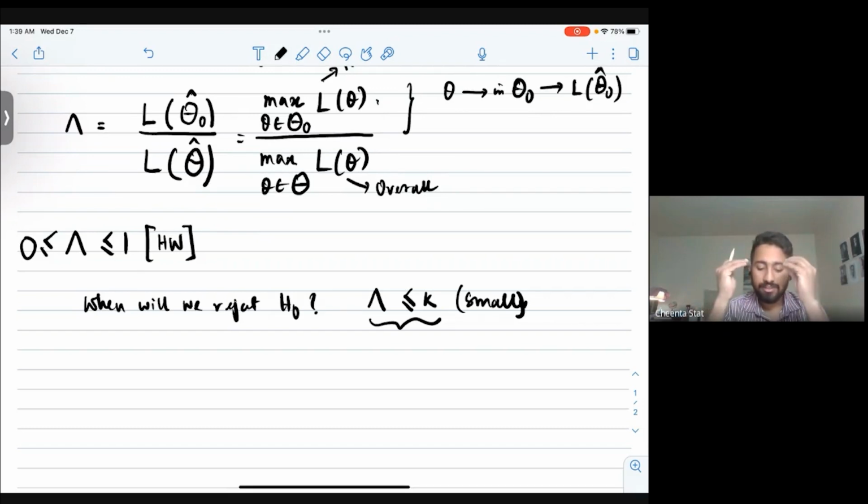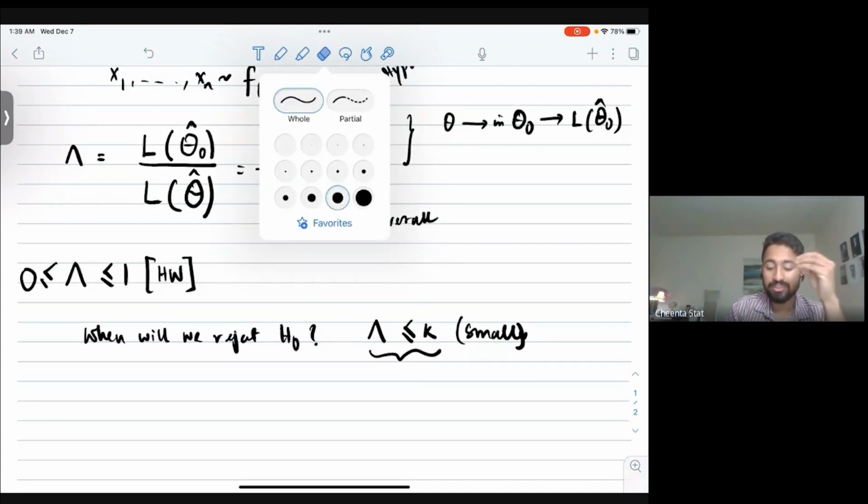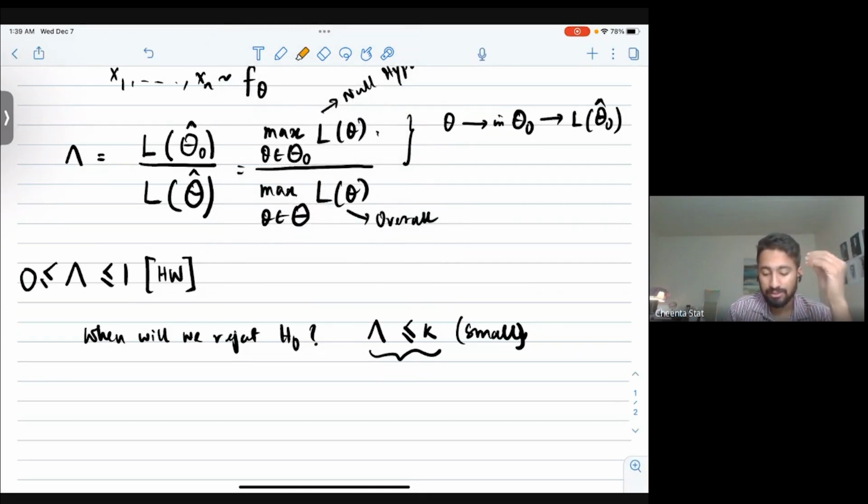If theta is actually within Theta0, then the maximum of the likelihood will occur here, and the maximum of the likelihood over the entire space will occur at the same point. Therefore, these two will be equal, and hence the ratio will be closer to 1.